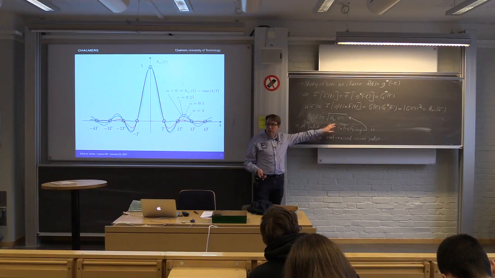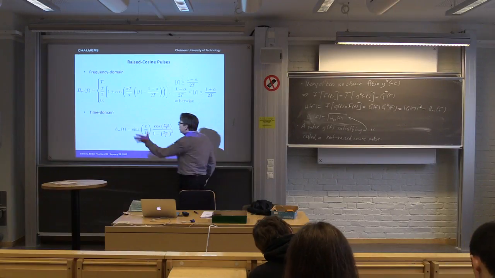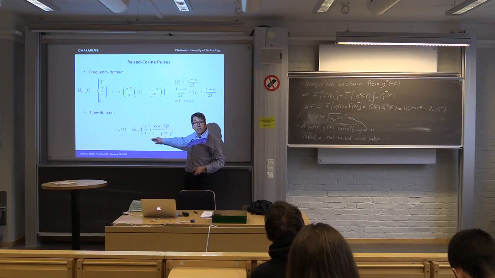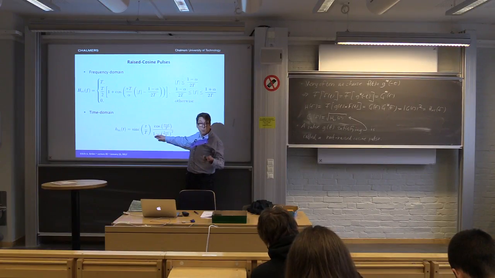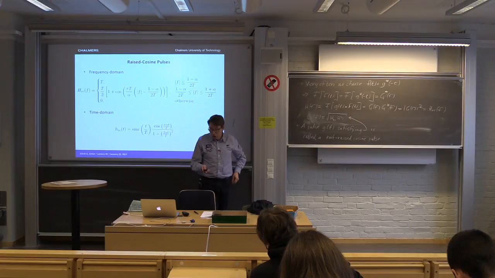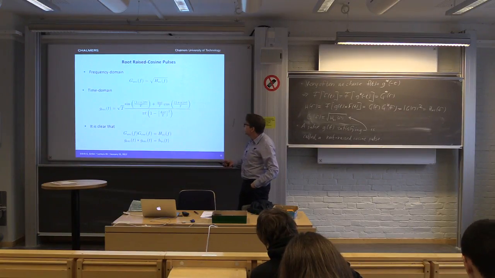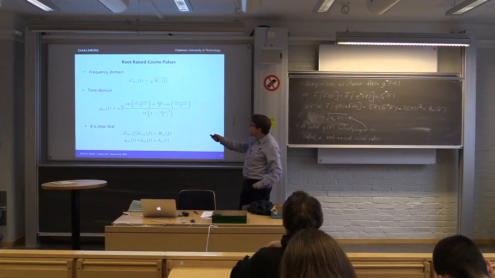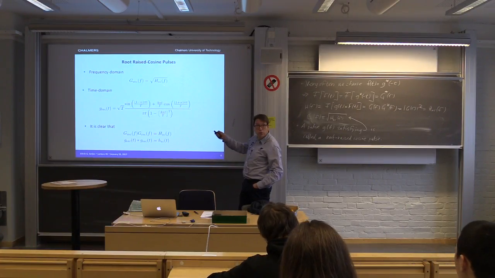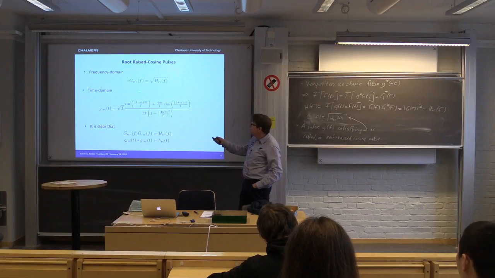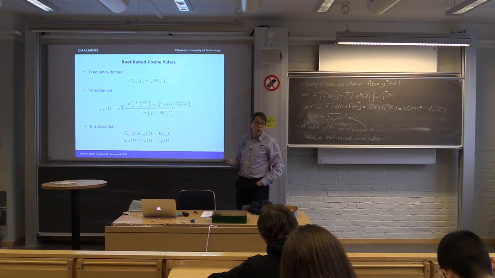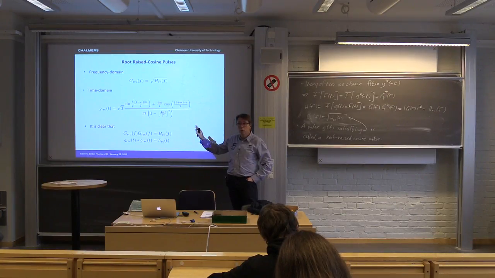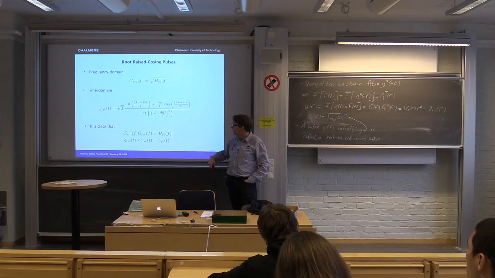I mean, the spectrum is very easy. We just take this and take the square root of that, and then we have the spectrum. But the time domain pulse is what we're looking for, because that's what we need in implementation. It actually turns out that it's not super difficult to find that. So in the frequency domain, the root raised cosine pulse is simply the root of the raised cosine pulse. In the time domain, we get this expression, which is a little bit more complicated, but it's just a few lines of code. Okay, so it's not so difficult to implement this.